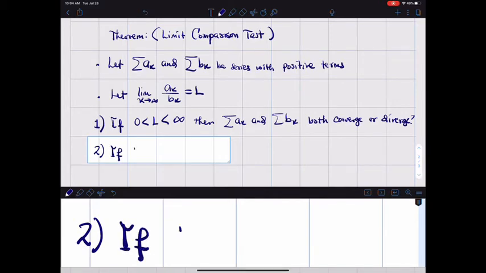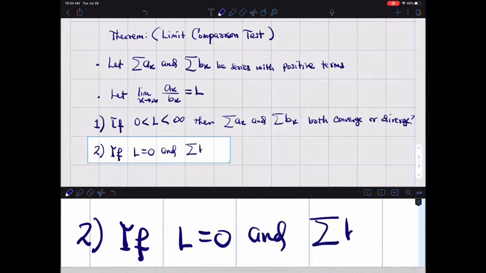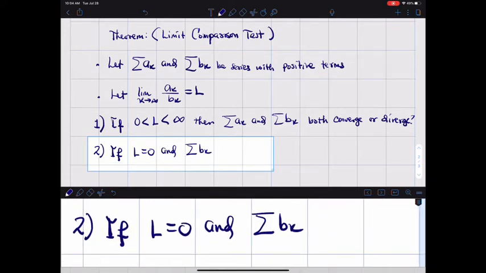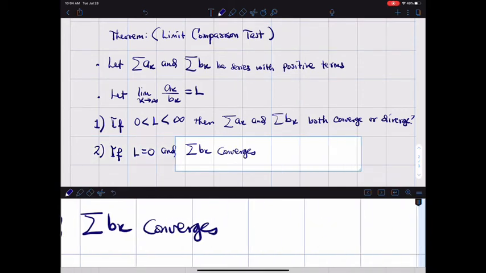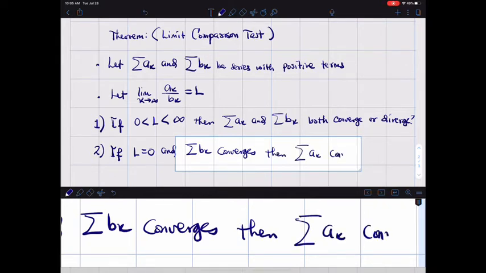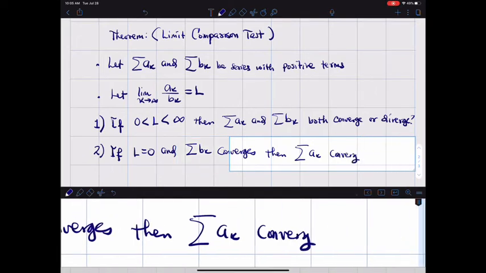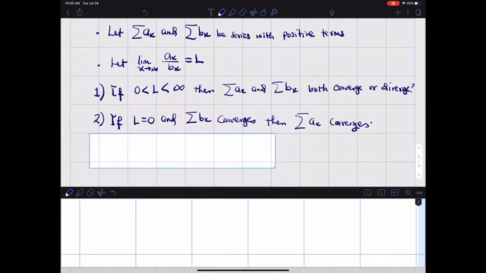All right. If L is equal to 0 and b_k converges, then a_k better converge. Then a_k converges. All right, 3.